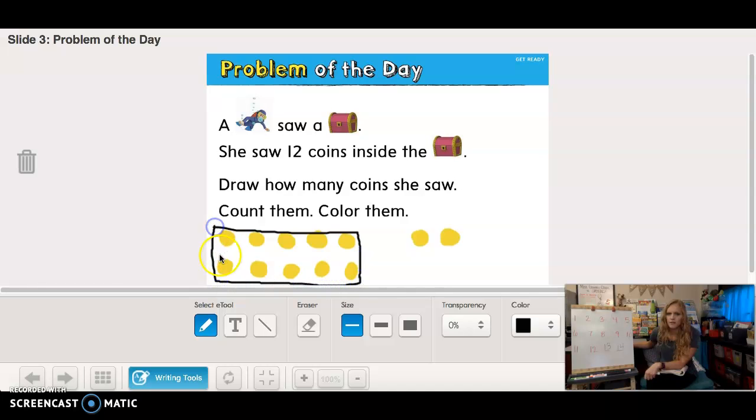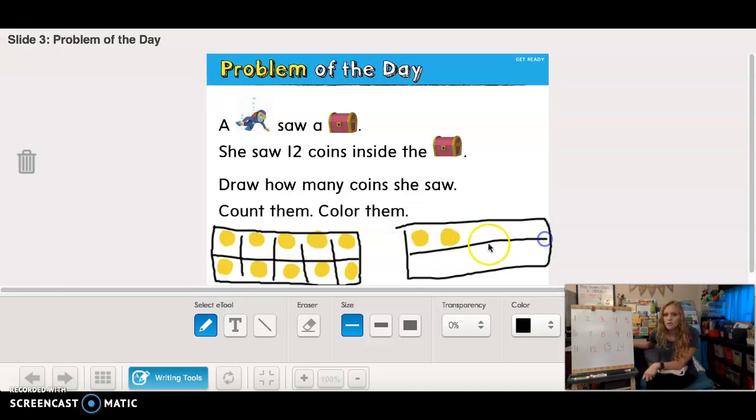Let's look. I'm drawing a box and then I've made them into a 10 frame. So I drew mine so I could look at it like a 10 frame. I have a full 10 and then 12 was 2 more filled into the next one, okay?